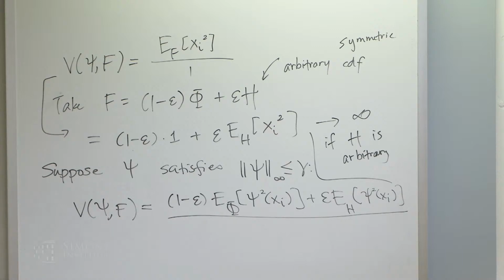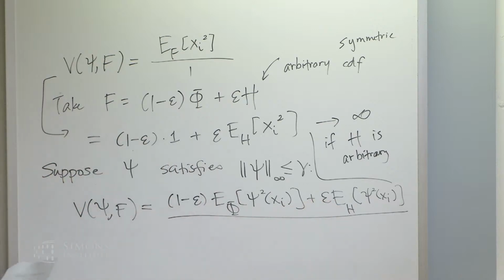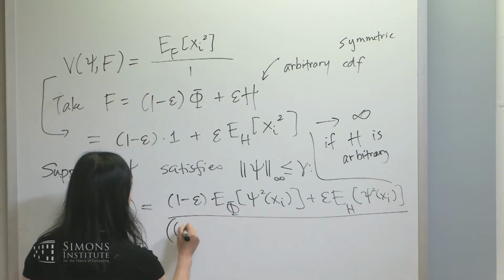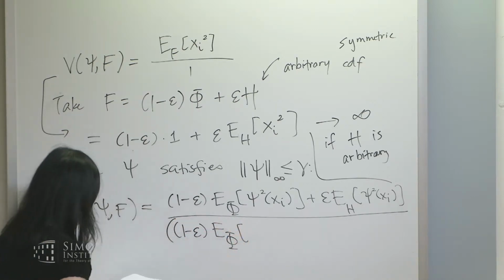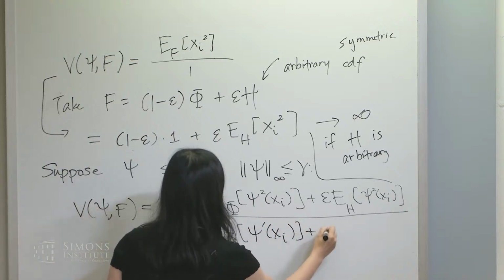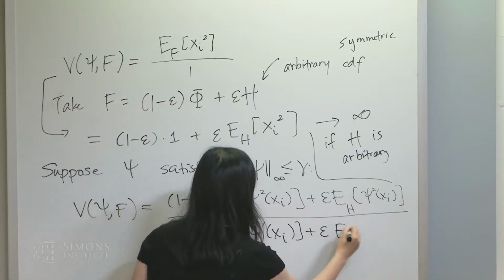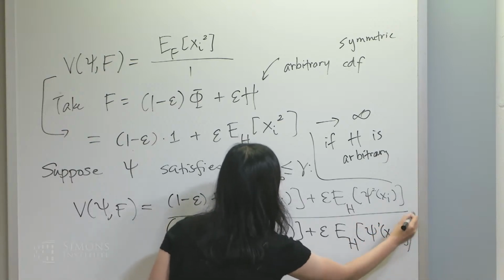F is a mixture of the clean distribution phi and a contaminated distribution. And I can do the same thing on the bottom. So I have 1 minus epsilon expectation under phi of psi prime of xi plus epsilon expectation under h of psi prime of xi, and I do this all squared.